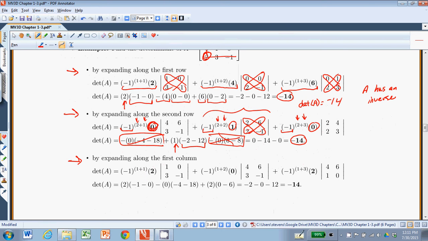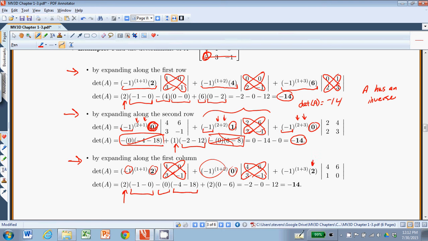This first part is 2 times negative 1 squared, so that's just 2, times negative 1 minus 0, right there. Then I have 0 times negative 1 to the third, so that's negative 0, I guess. Doesn't make any difference. There's a 0 times this determinant, negative 4 minus 18. Again, doesn't much matter. I have a 0 out in front.